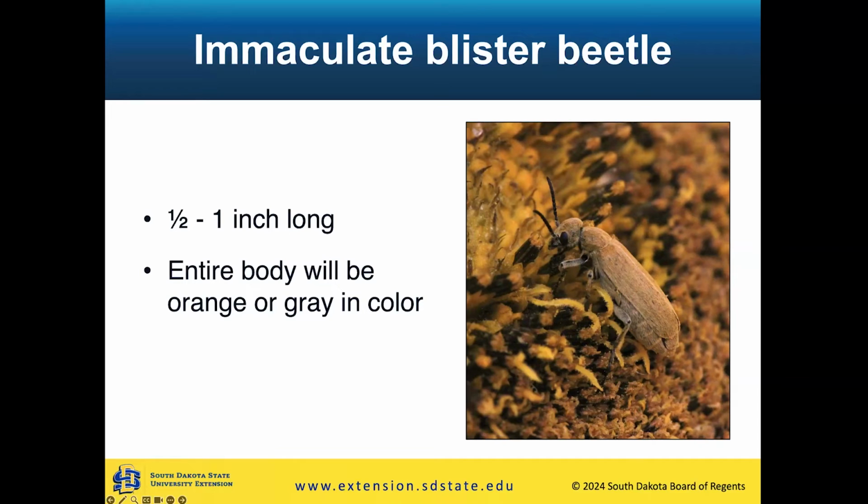They show up later in the season, right around when the sunflowers are blooming, so they're attracted to those blossoms, and they head right to the flowers and feed on the pollen. But it's not a significant pest, and it's better off that they're in a sunflower field than your alfalfa, if you ask me. But that's definitely one that you might see showing up from time to time.